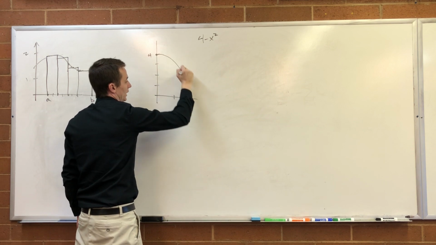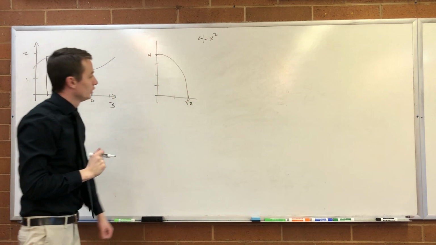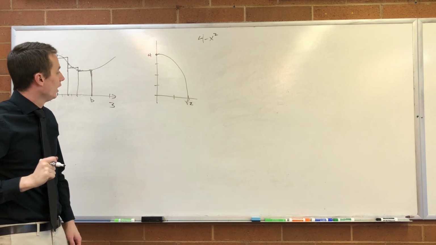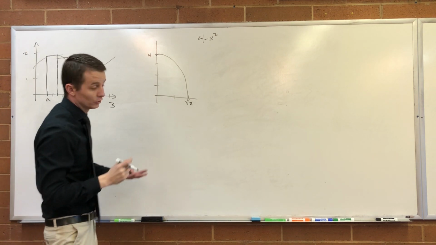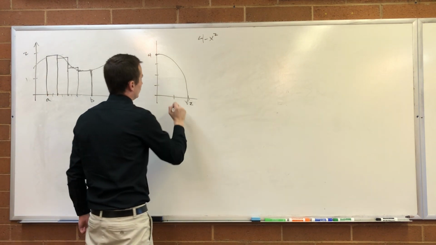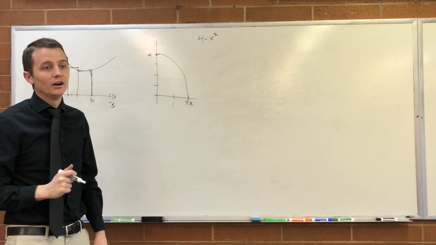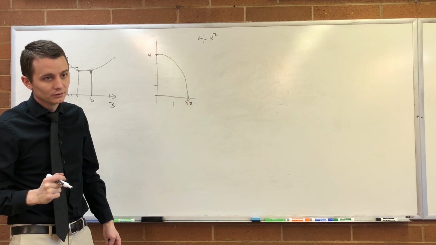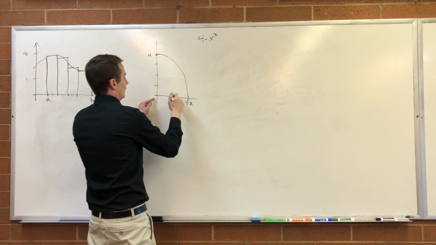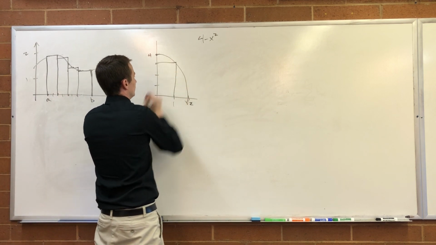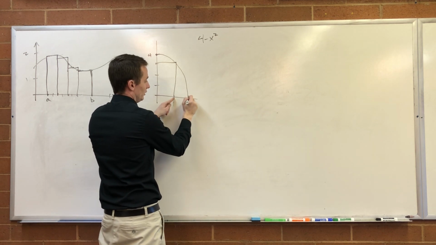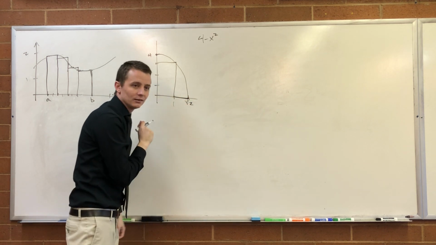It's an upside down parabola, looks like that. If he told you to divide this up into, we'll just say 2 rectangles to keep it really simple right now, and calculate it using the right-hand point, then our rectangle here would look like this, right? And our rectangle here, the right-hand point is 0, so it would look like that.